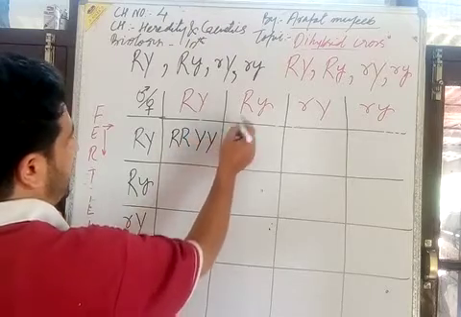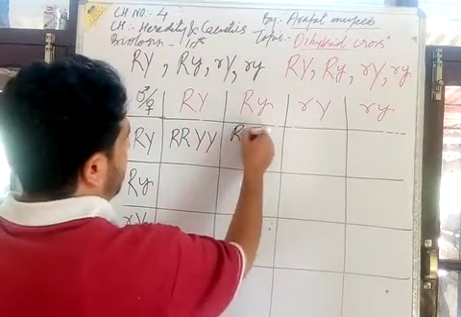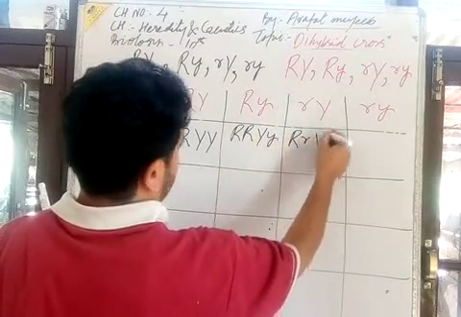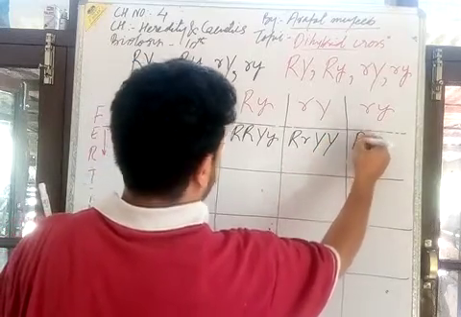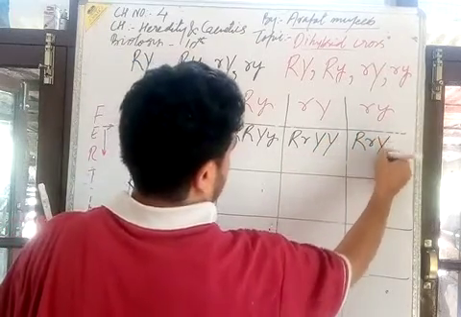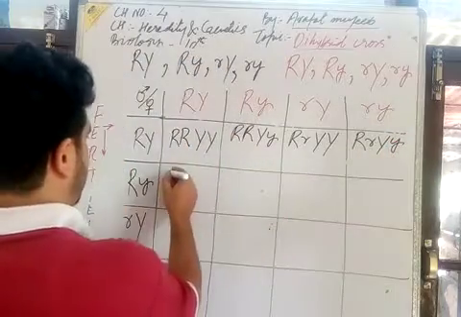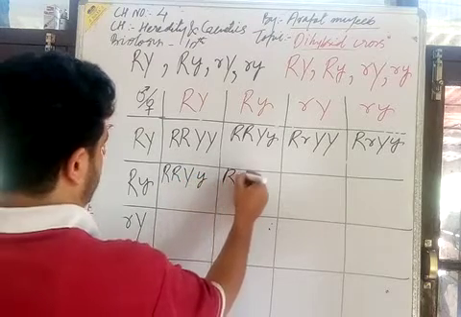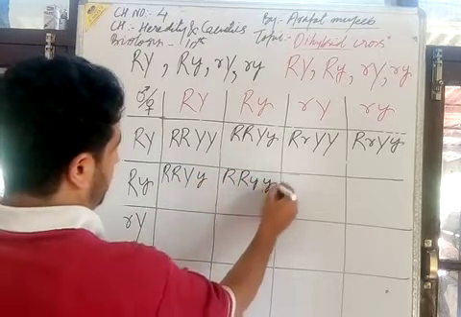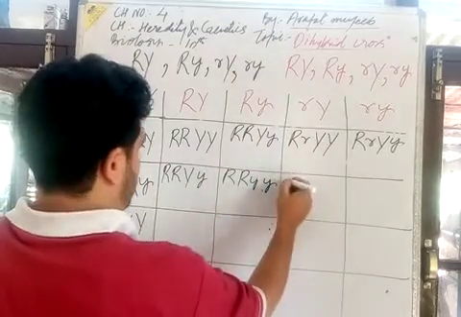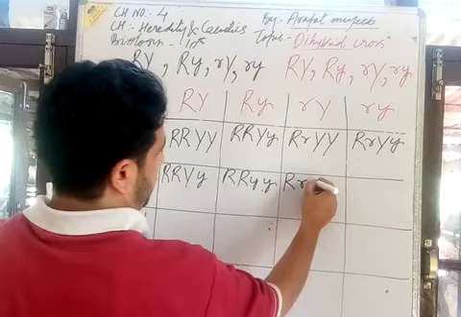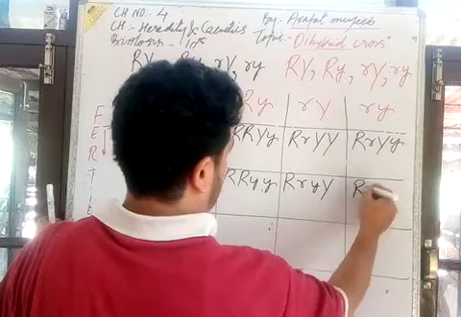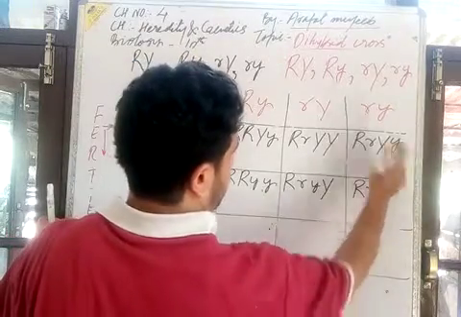Capital Y, capital Y. Then capital R, capital R, capital Y, capital R, small r, capital Y. Here capital R, small r, capital Y, small y. यहाँ पे देखिए capital R, capital R, capital Y, small y, capital R, small y. यहाँ पे now this and this, capital R, small r, small y, capital Y. Yes, this capital R, small r, small y, small y.